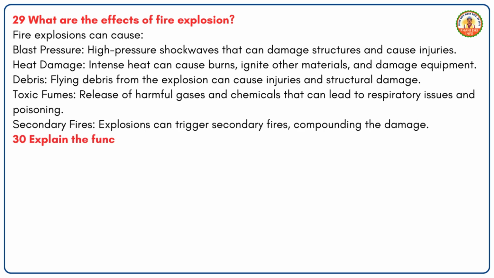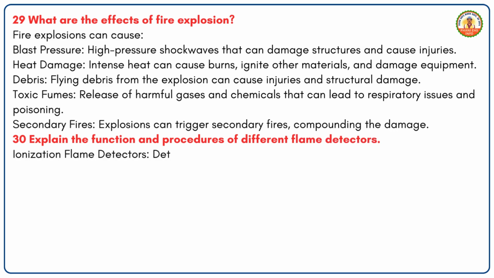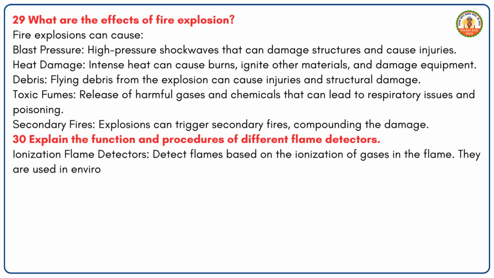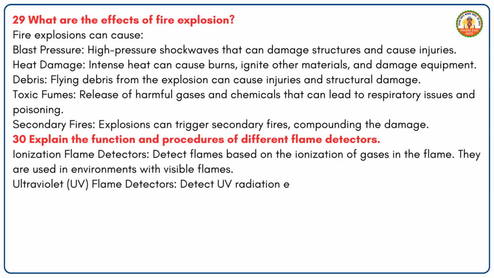30. Explain the function and procedures of different flame detectors. Ionization flame detectors detect flames based on the ionization of gases in the flame. They are used in environments with visible flames. Ultraviolet, UV, flame detectors detect UV radiation emitted by flames.